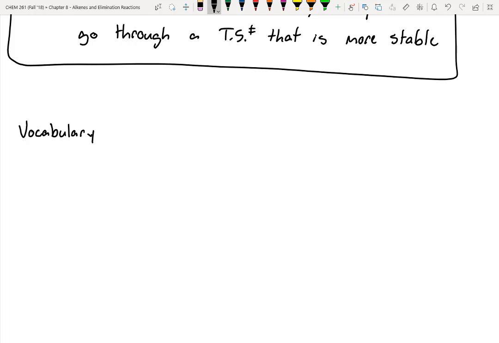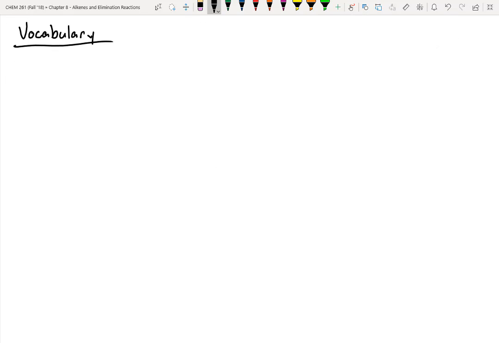All right, so vocabulary that you might see when you're looking at E2 reactions. The first term is pretty easy to remember. It's stereospecific. When you hear of a reaction that is stereospecific, what do you think that means? It's going to give you one specific stereoisomer, right?